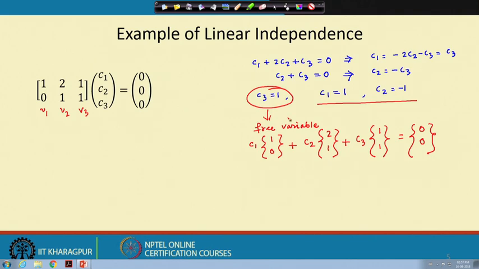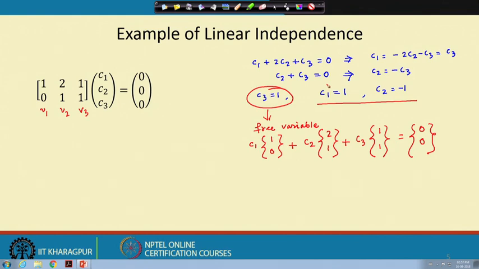If I assume different values of C3, I will get different C1 and C2. So infinite numbers of solutions are possible, and these variables are known as the free variables, and these variables are known as pivot variables.